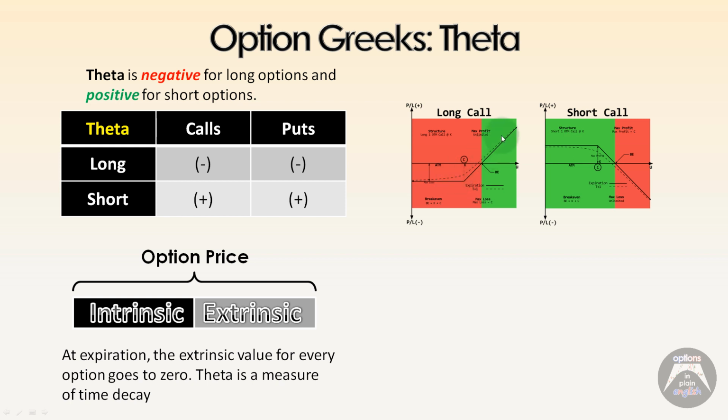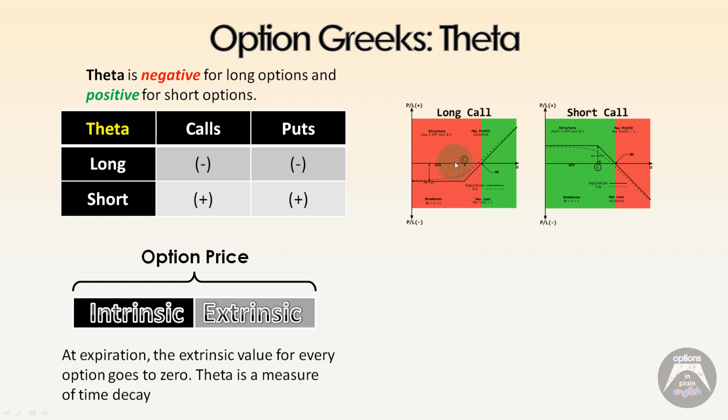If you look at this dashed line, and you start moving time forward, what's going to happen is this dashed line is going to start moving towards the solid line, towards the P&L at expiration, and the factor or the Greek that is measuring what's going on when this dashed line becomes this solid line is theta.